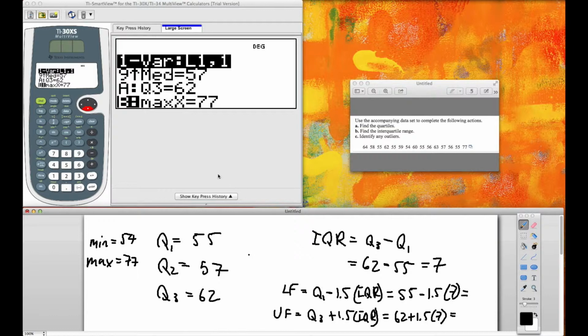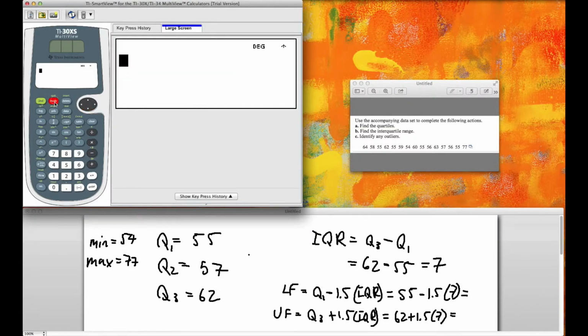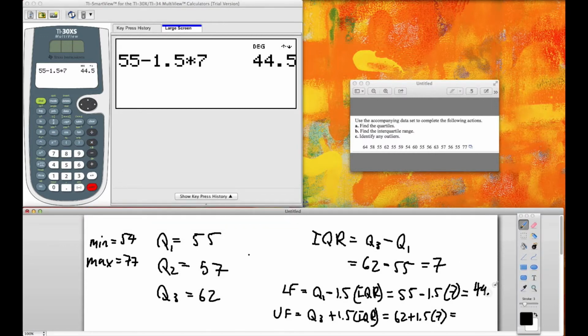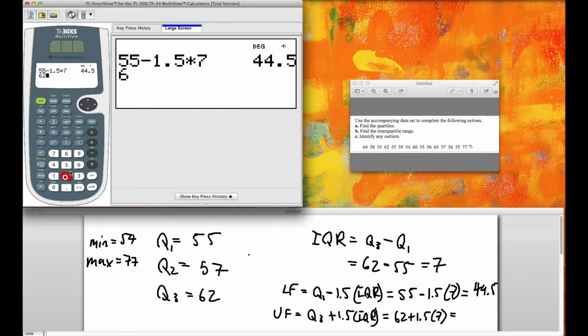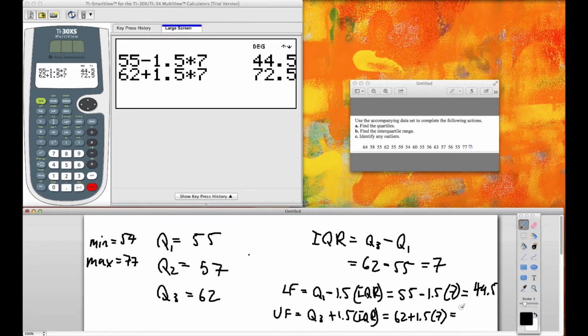So let's go ahead and use the calculator. Second quit in order to get to the screen. So 55 minus 1.5 times 7 is going to be 44.5. To find the upper fence, 62 plus 1.5 times 7, and that is going to be 72.5.